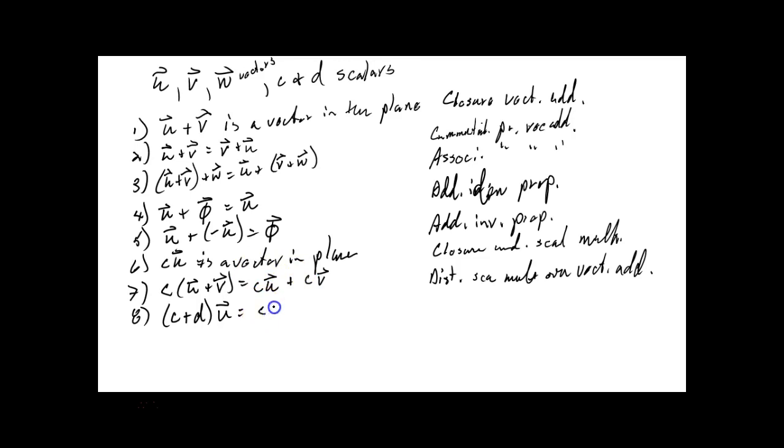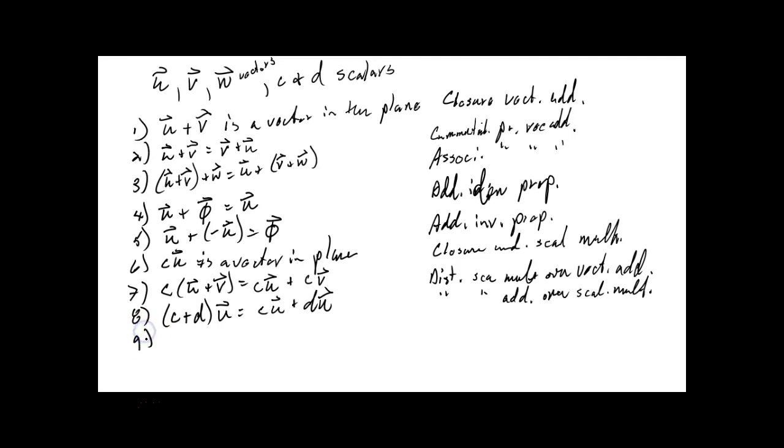So that's cu plus du. So that's the distributive property of scalar addition over scalar multiplication, or scalar multiplication over scalar addition, either way you want to say it.